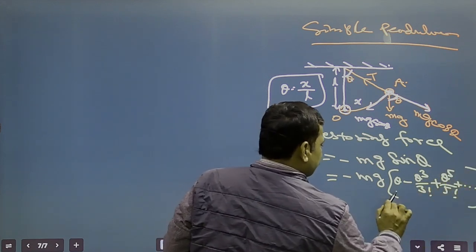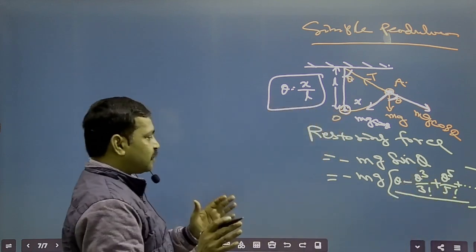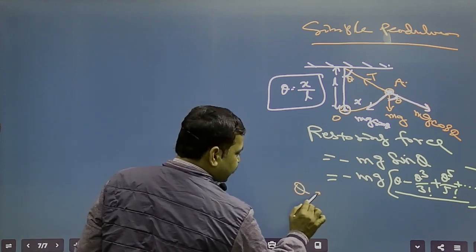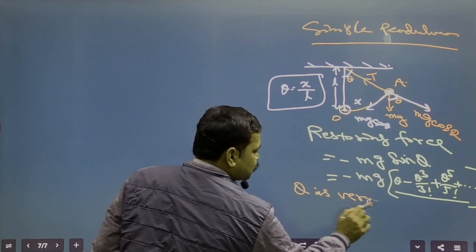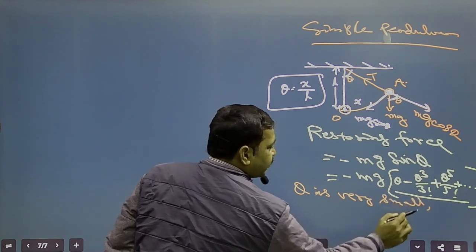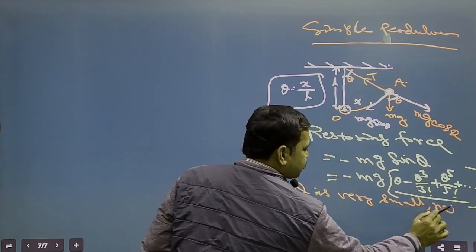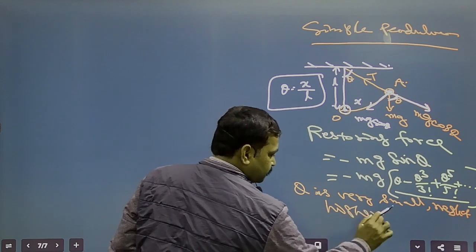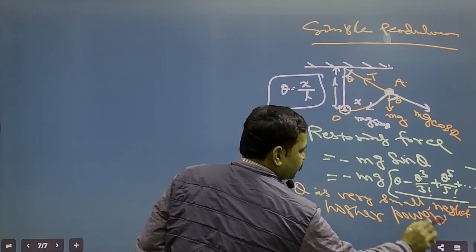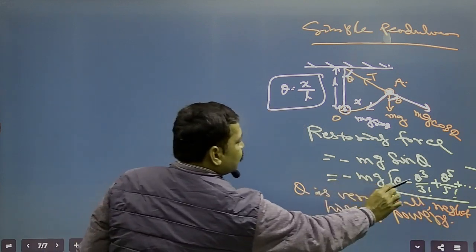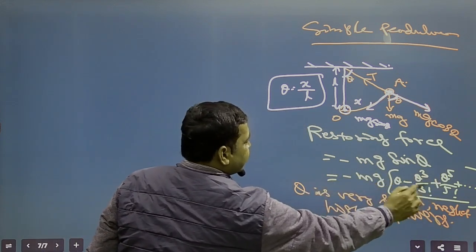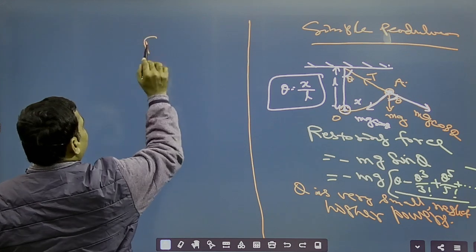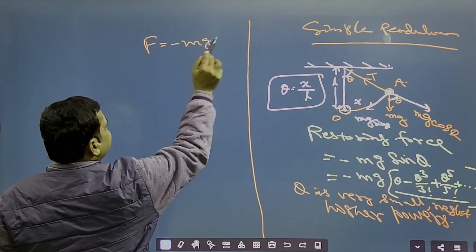So in this expansion, if theta is very small, we can neglect its higher powers. Now if theta cube, theta 5, all are neglected, we will be having only theta. So what we will get now is F is equal to minus mg theta.